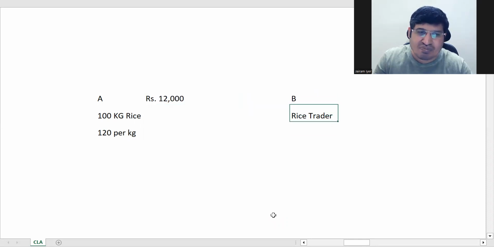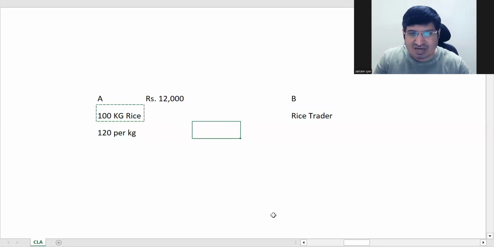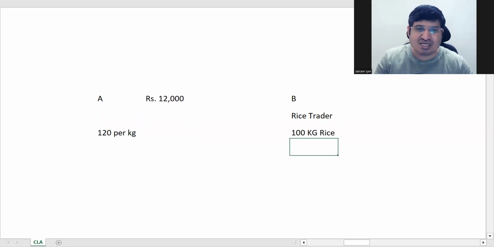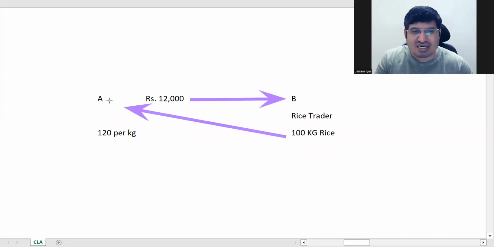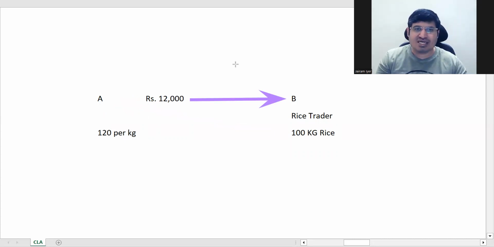What will B give to A? He'll give him this 100 kg of rice, which is what is with B. So basically A will give B 12,000 rupees and B will give A 100 kg of rice. What is consideration is whatever you are getting in return.